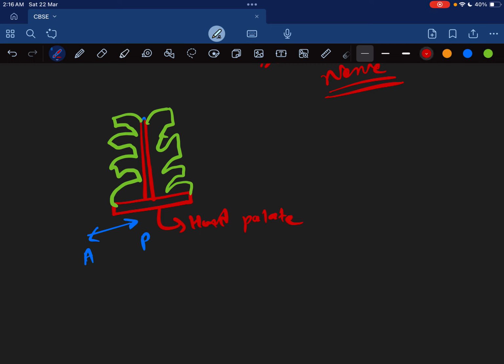This is the sphenoethmoidal recess. And this is called the superior meatus.